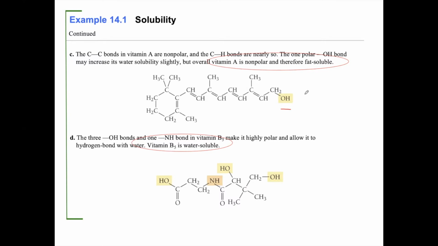Most of the molecule is likely to engage in bonding with fat because most of the bonds are relatively nonpolar. For part D, we've got quite a few polar bonds. So therefore, vitamin B5 is more likely to dissolve in water because water is also polar.